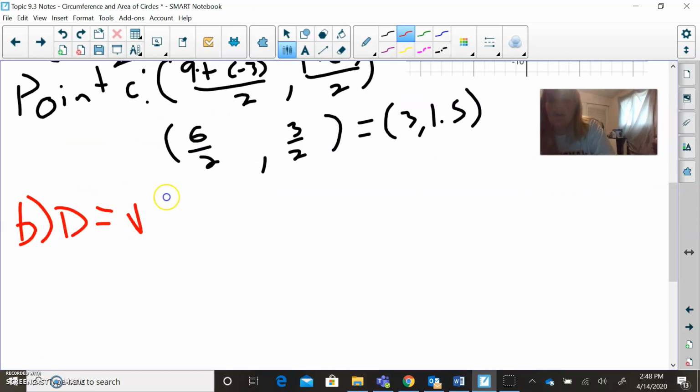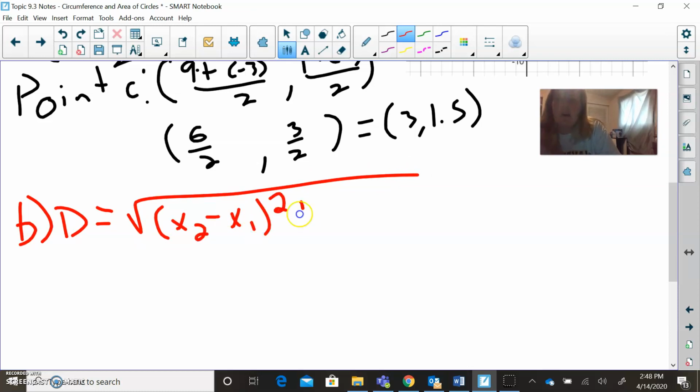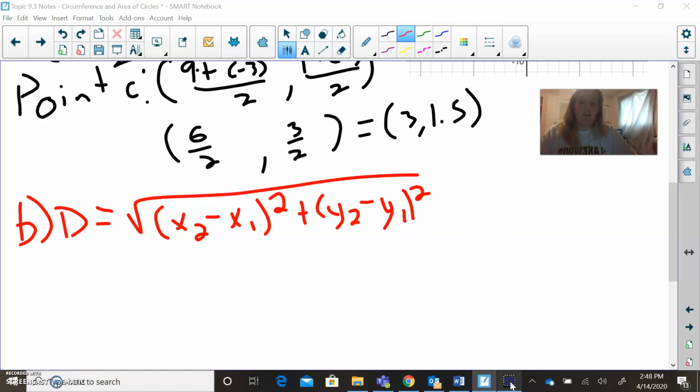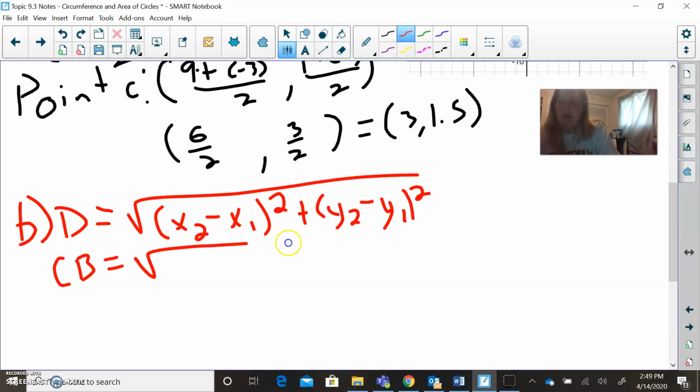Distance equals the square root of (x2 minus x1) squared plus (y2 minus y1) squared. Okay, guys. So we're going to find CB, or BC. Let's use the values.